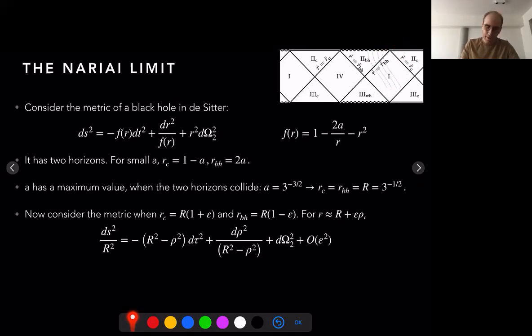And then the idea of this limit is to get slightly out of it. So consider the cosmological horizon being r plus epsilon and the black hole horizon 1 minus epsilon. And then we can consider our coordinate close to the horizon, and we can expand our metric.